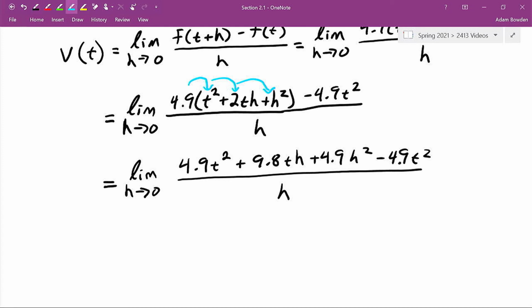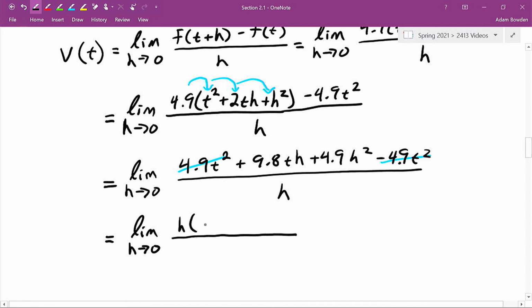And so we should have some things simplifying. 4.9 t squared can be crossed out. We can continue and rewrite this as a limit as h approaches 0. Up on top, I can factor out an h to make it h times 9.8t plus 4.9h all over h.